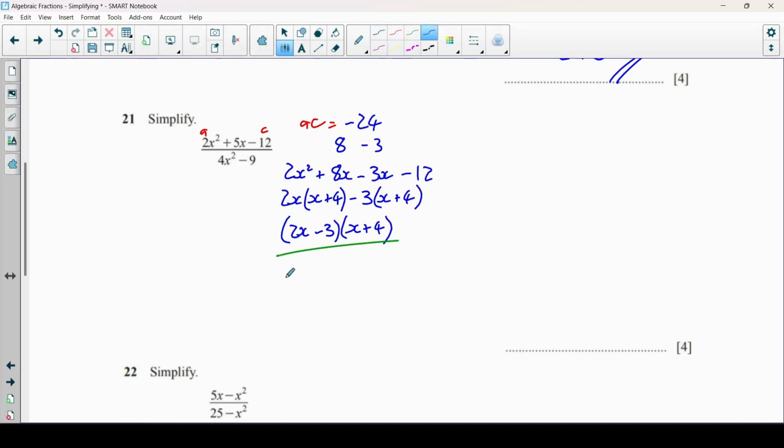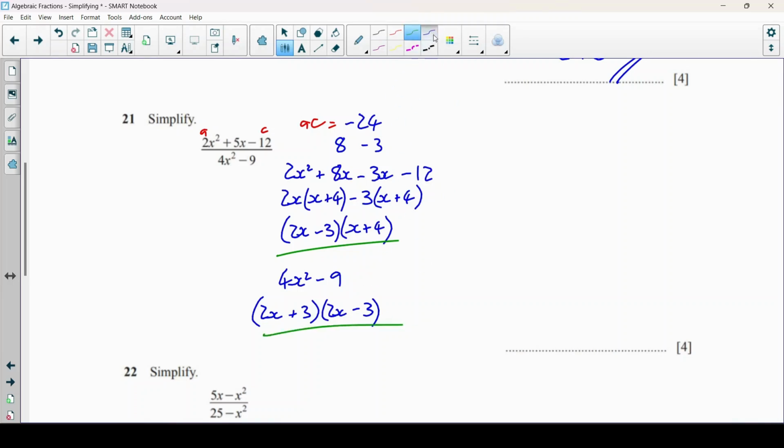For the bottom, initially you might look at this and it looks a little bit complicated. It's actually the difference of two squares. 2x times 2x gives me 4x squared, and plus 3 minus 3. 3 times minus 3 is minus 9.